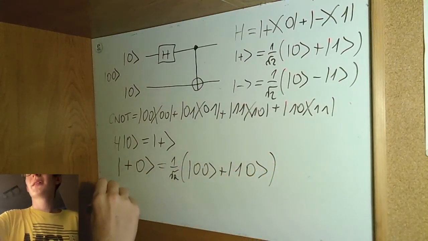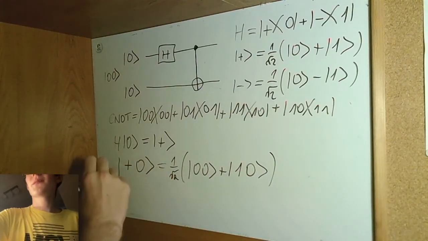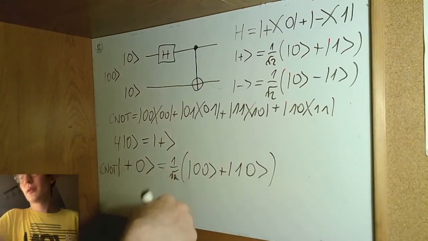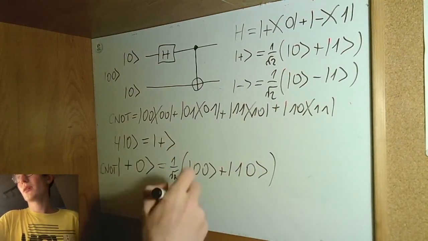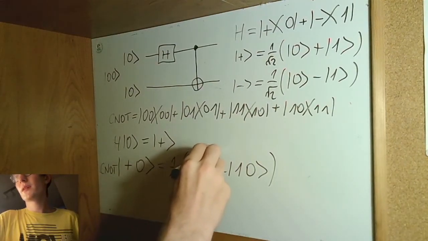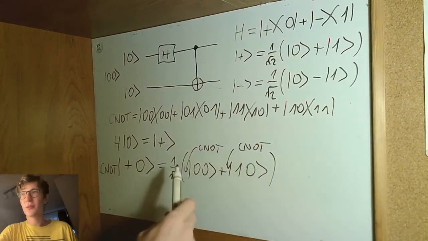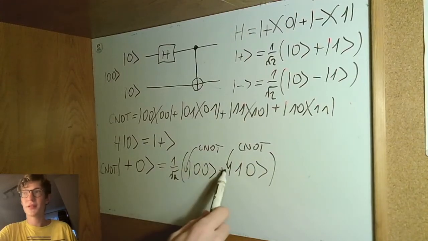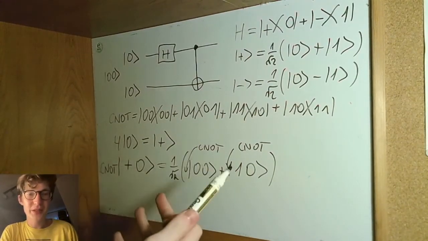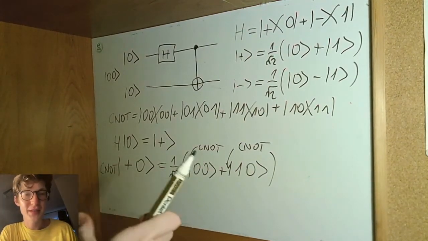And CNOT of this is, forgive me this terrible notation, but you know that CNOT is applied here and here, because each operator in quantum computing is linear.